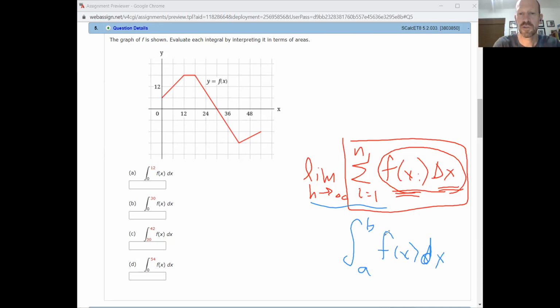So this notation in blue is really a stand-in for everything that we have here in red, and this definite integral symbol, this big S, incorporates this infinite sum idea.